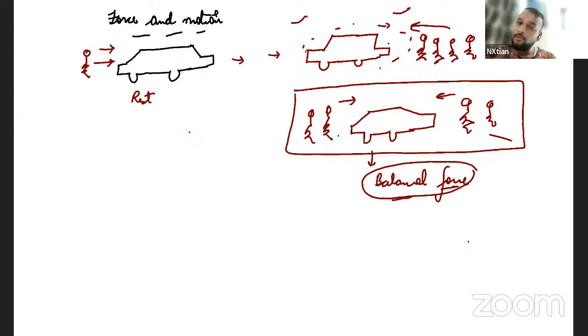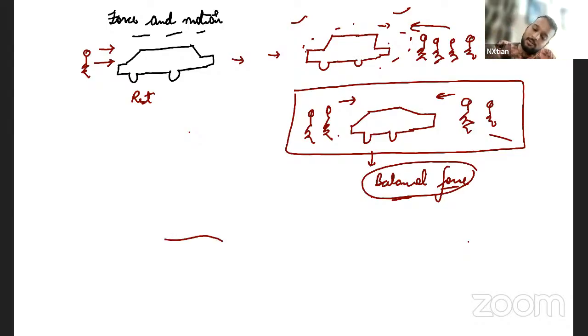If we imagine there are no bodybuilders, before that it was at rest, and after applying force it is also at rest. So this type of force is called balanced force.